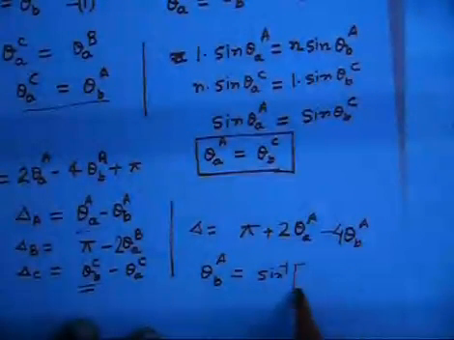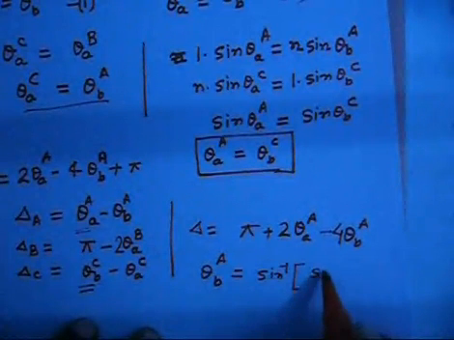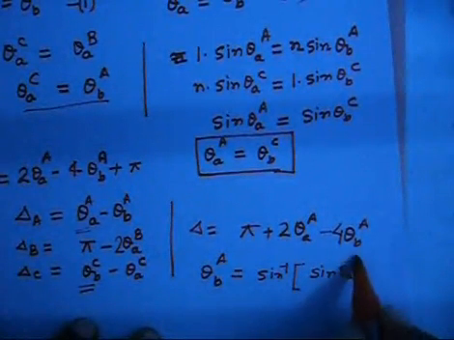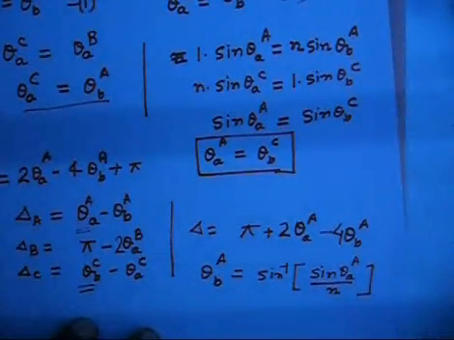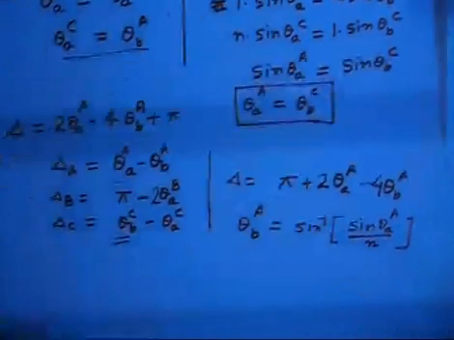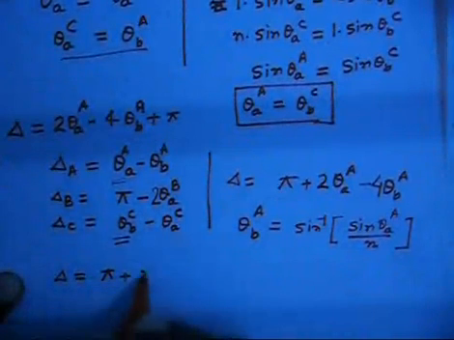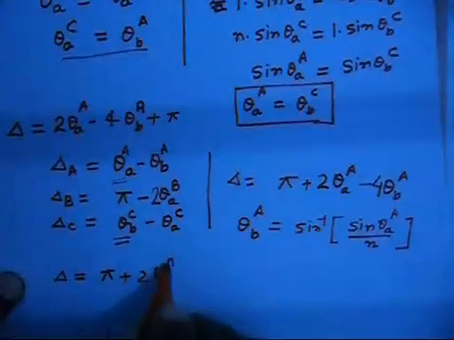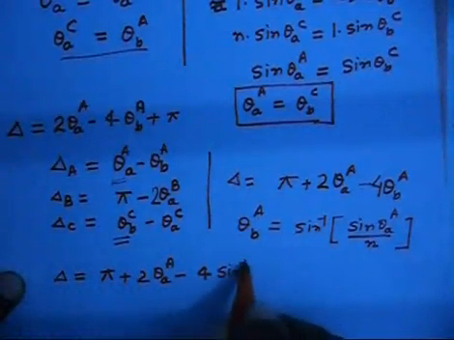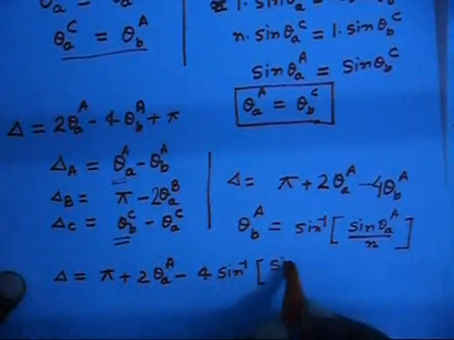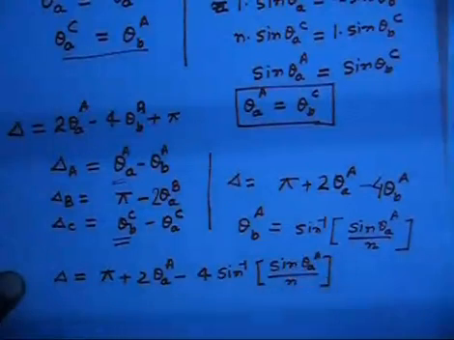Sine inverse of sine theta A at A by n. So this is my theta B. So total deflection is given by pi plus 2 theta A at A minus 4 times sine inverse of sine theta A at A by n.